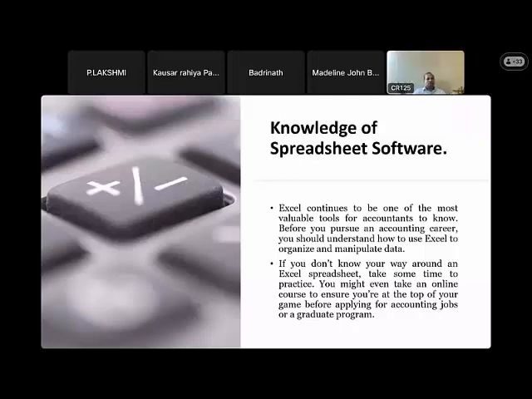They may ask whether you know languages like Python, R or Java, but usually they use Excel in their organizations. So this is a very common thing, and you need pretty good knowledge of spreadsheet software. If you don't know your way around an Excel spreadsheet, take some time to practice. You might even take an online course to ensure you are at the top of your game when applying for accounting jobs as a graduate.